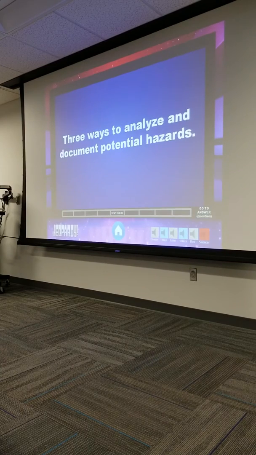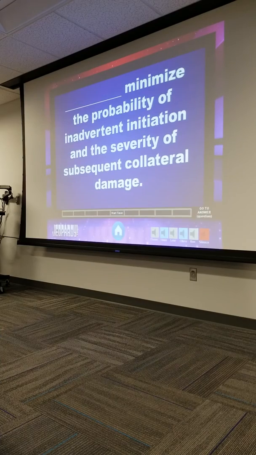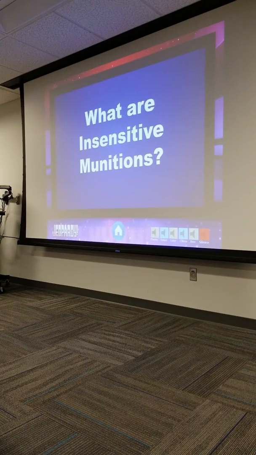Three ways to analyze and document potential hazards: categorical exclusion, an environmental assessment, or an environmental impact statement. Blank minimizes the probability of inadvertent initiation and the severity of subsequent collateral damage. What do we call that? Insensitive munitions.